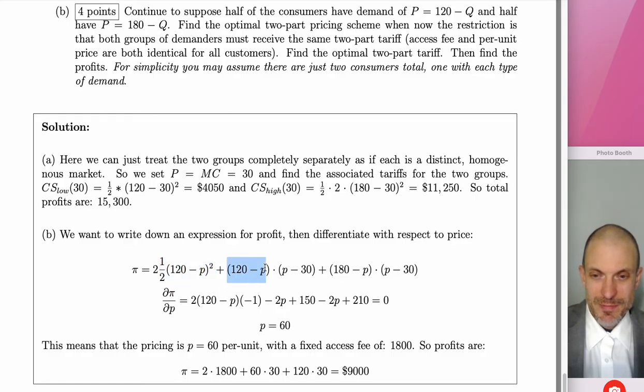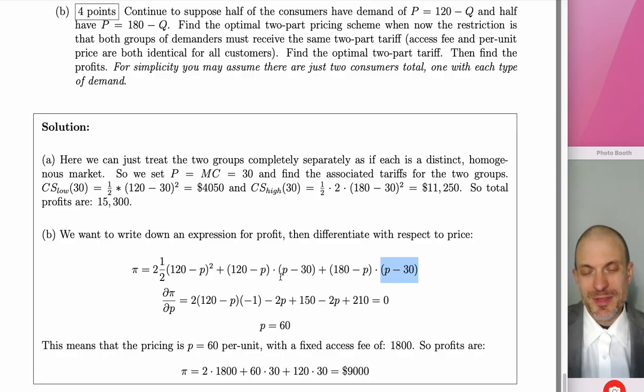Then it's my low demand times price minus marginal cost plus my high demand times price minus marginal cost. You could distribute this, or the easiest way is probably first to factor out this price minus 30, and then you'll have 300 minus 2p, and then you could either FOIL or take a derivative. But I just took the derivative from this line directly.